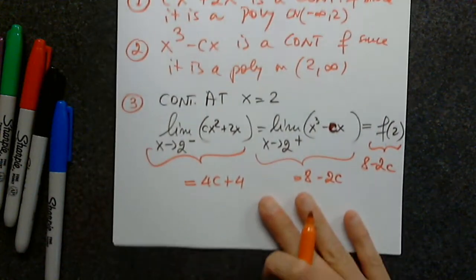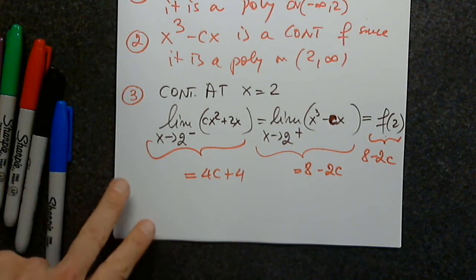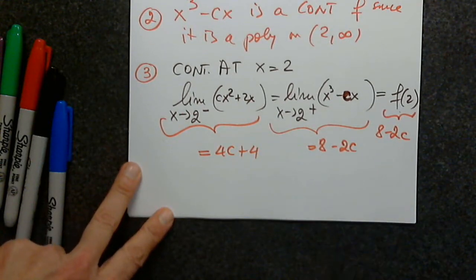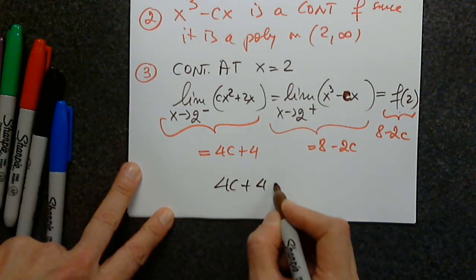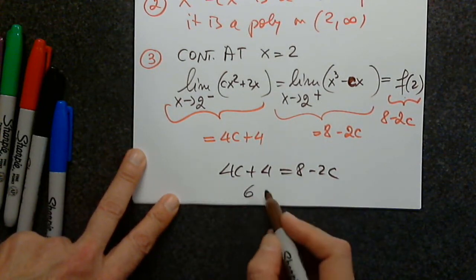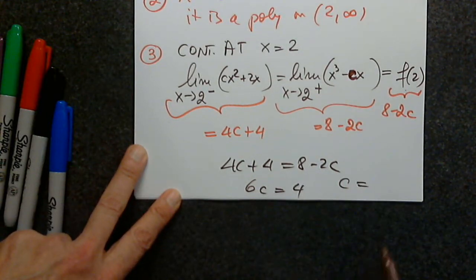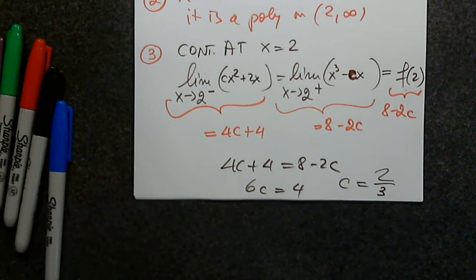So now please give me the condition that I have to solve, write and then solve, that will give us c, that will make this function continuous, guaranteed continuous everywhere. That's it. I move c, I get 6c. I move 4, I get 4. So how much is c? That's it. It's good, but there is one more tiny step.